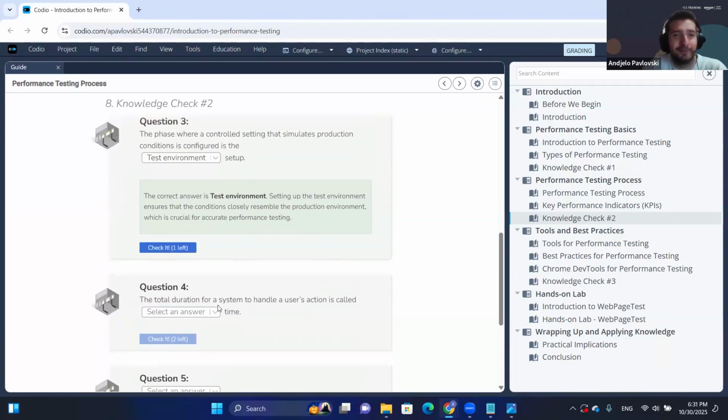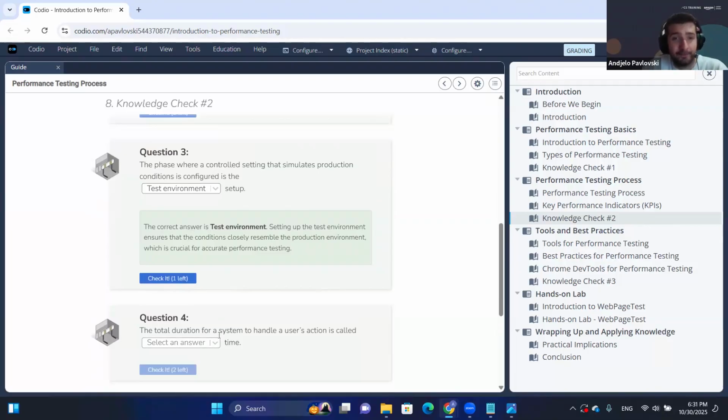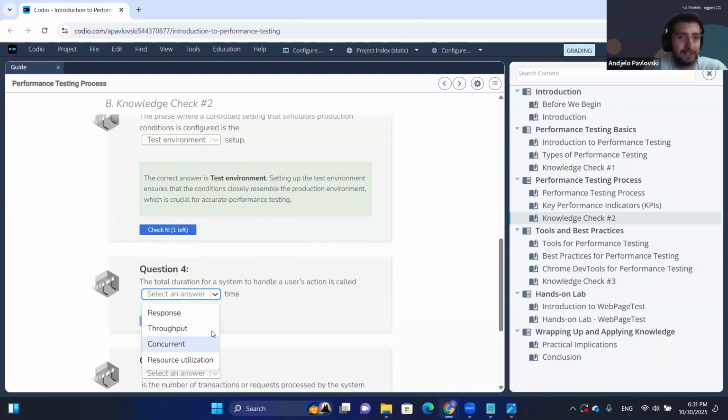2 more questions to go. The total duration for a system to handle a user's action is called what time? So what is the time? I see again, unison answers for response time in the chat.